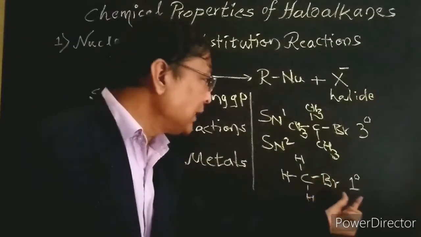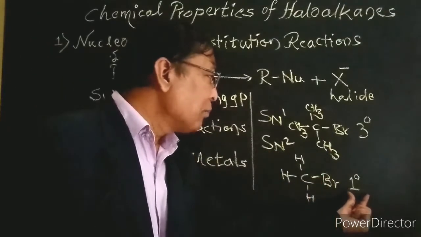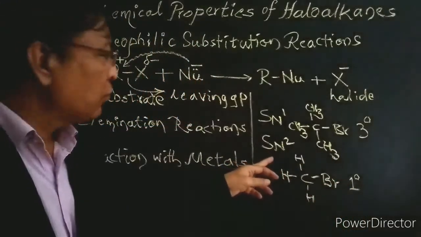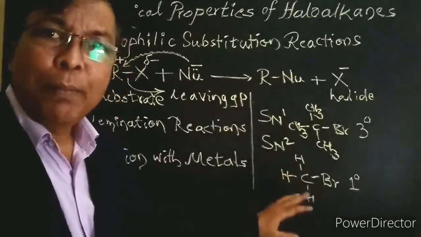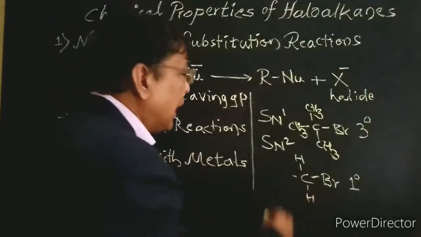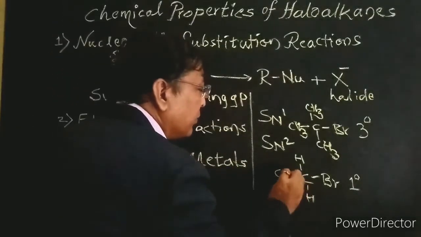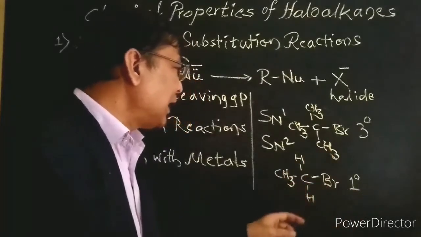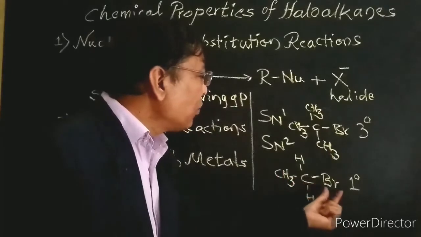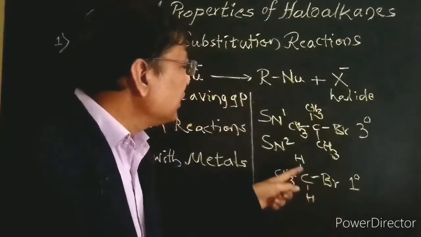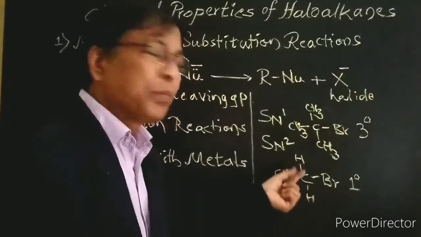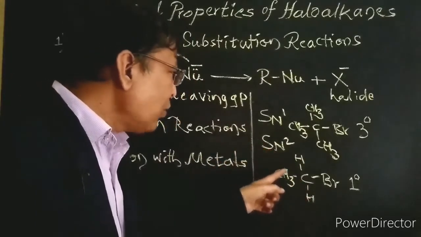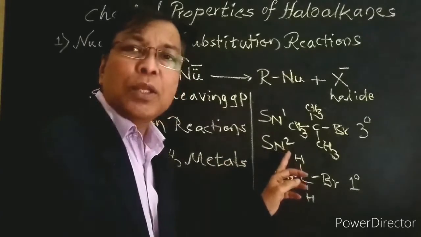We can say that when the alkyl halide is a primary alkyl halide, that is 1 degree alkyl halide, the carbon atom bonded to the halogen atom is attached to simple groups. Therefore, the nucleophilic substitution takes place according to Sn2 reaction mechanism path.